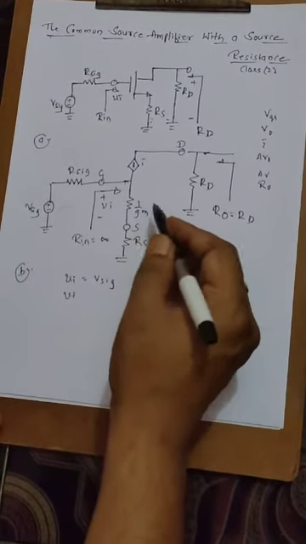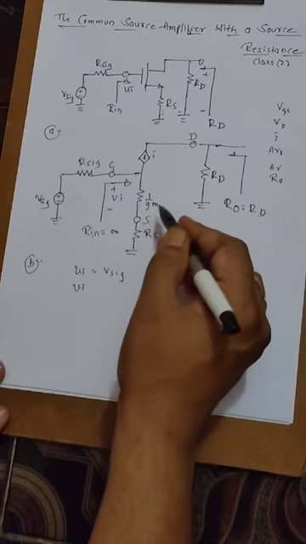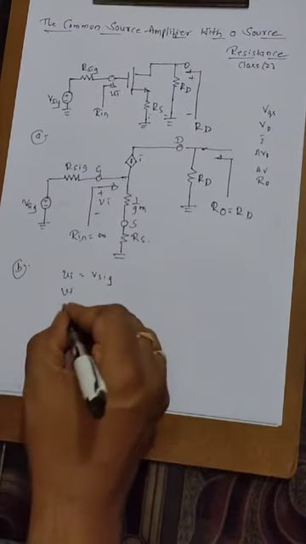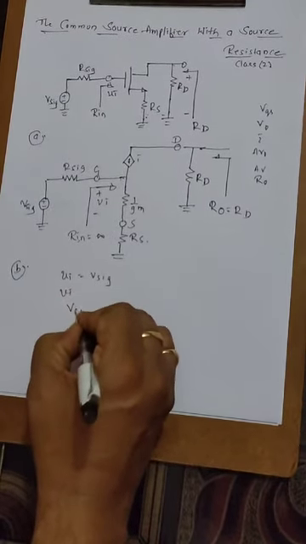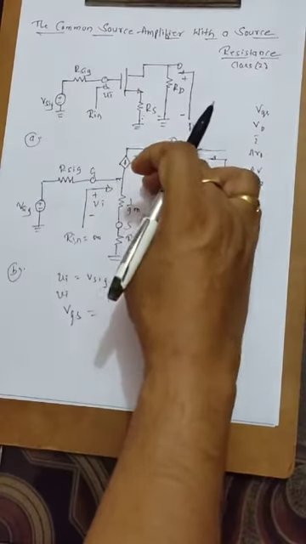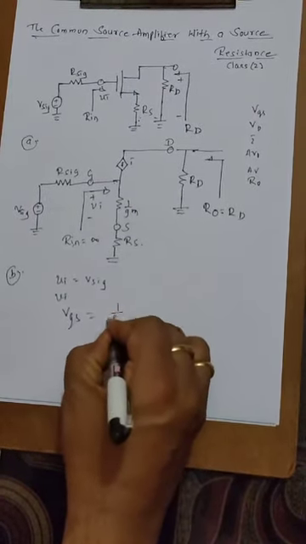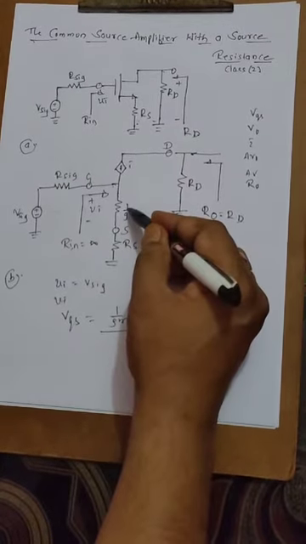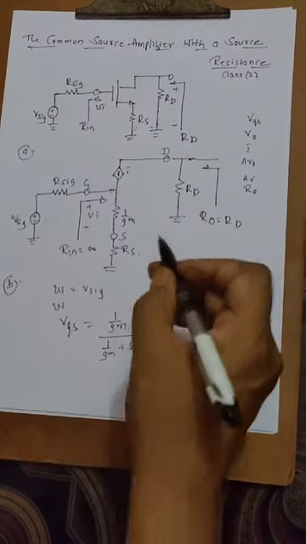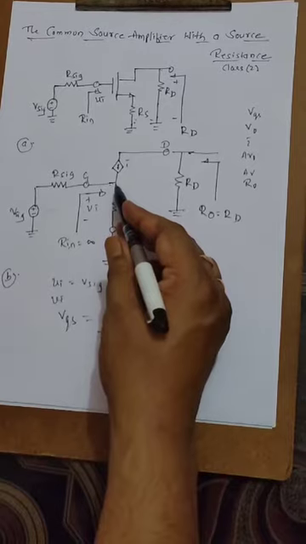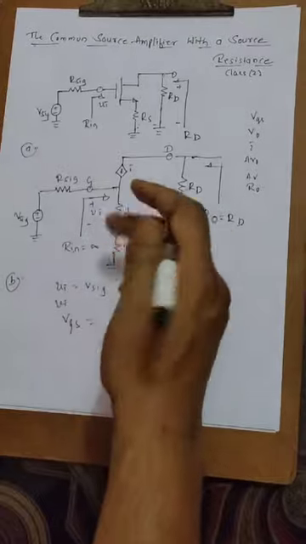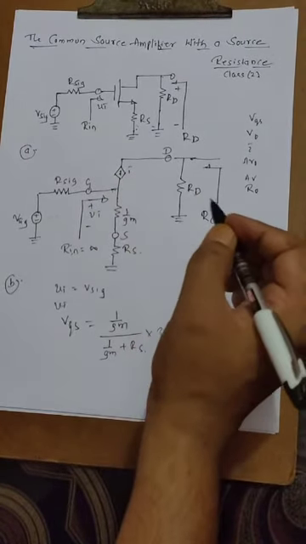By applying the voltage divider rule, we find the gate source voltage VGS, equal to 1 by Gm divided by the total resistance, 1 by Gm plus Rs, times Vi. So by applying the voltage divider we have divided the voltage between the gate and source.